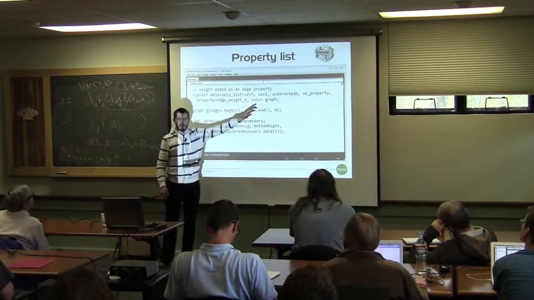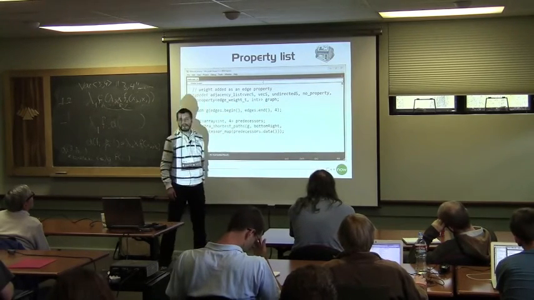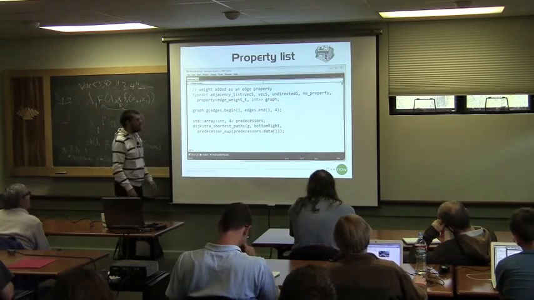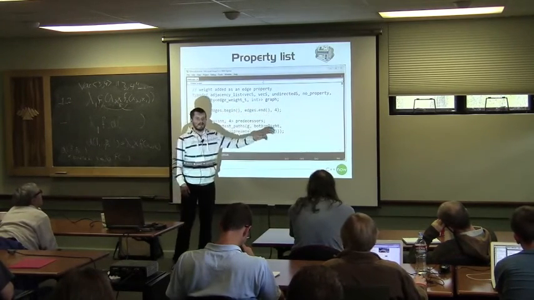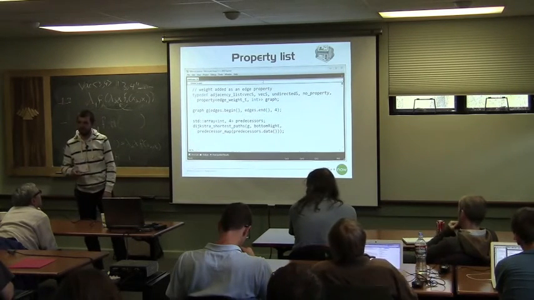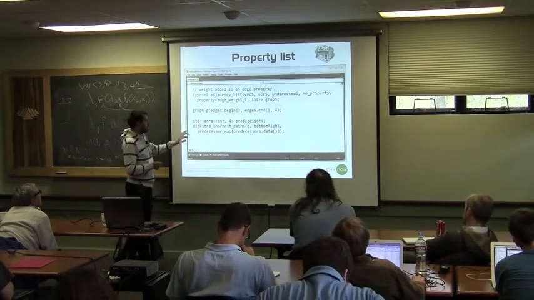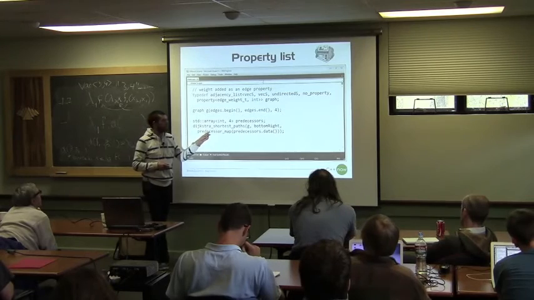I pass in here a couple of template parameters like my vector selector, undirected selector. That is all something we've seen before. And then there are two more template parameters where I can define whether vertices or edges should have properties. Now for the Dijkstra shortest path algorithm, it is important that edges have a property weight.